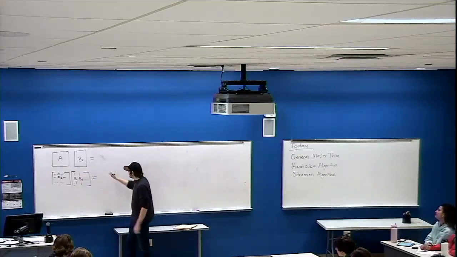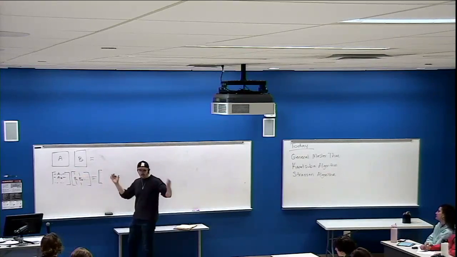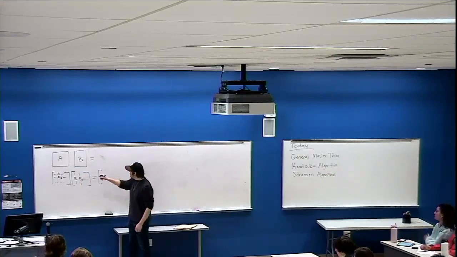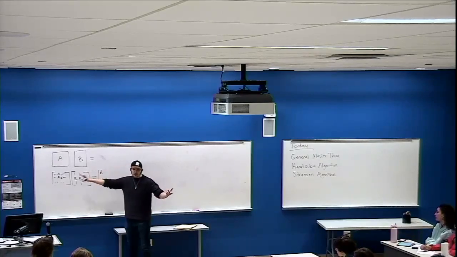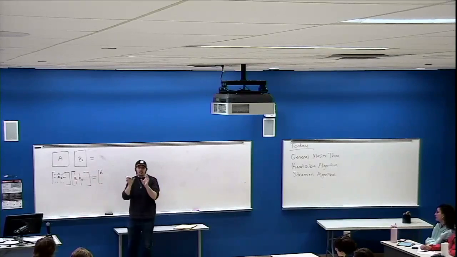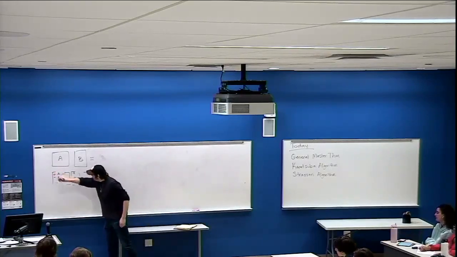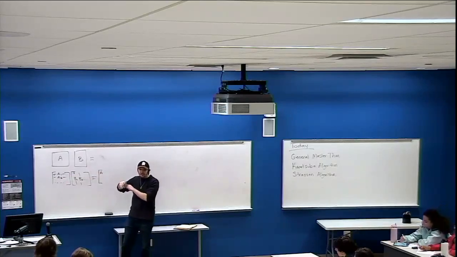Each one of the terms in my resulting matrix is going to be, like, the first term here is going to be A1 dot producted with B1, which is I'm going to sum the multiplication of each one of the elements. So I'm going to multiply this element by this element, and I'm going to do that for each one of the elements, and then I'm going to sum them together.